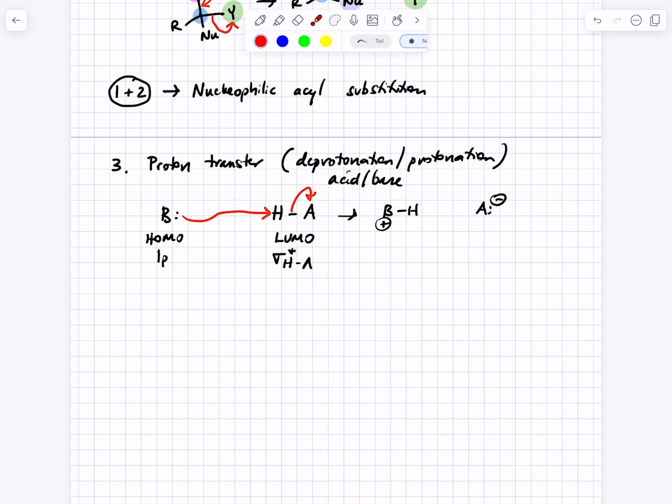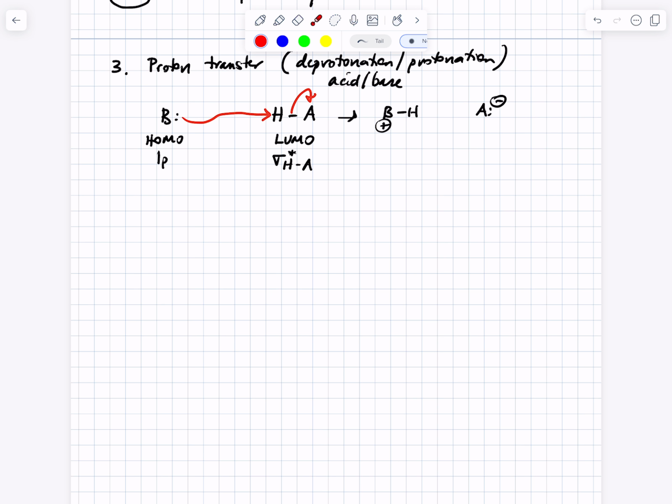Another time where you will see acid-base chemistry will be one potential fate of the tetrahedral intermediate. We talked about this last time. Suppose you have this intermediate, here's the nucleophile, here's the Y group, here's the carbonyl carbon, here's the carbonyl oxygen, and suppose the Y group is not a good leaving group. And suppose the nucleophile isn't either, so there's really nothing that can happen here.